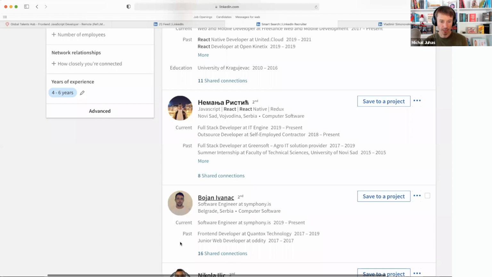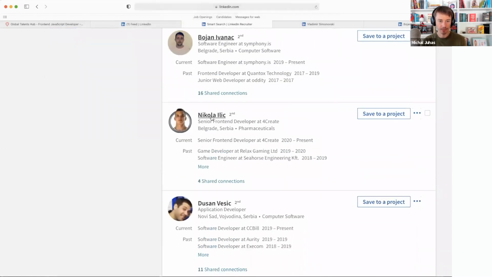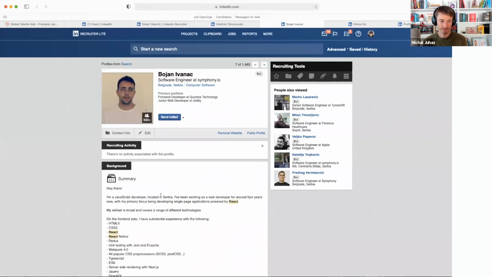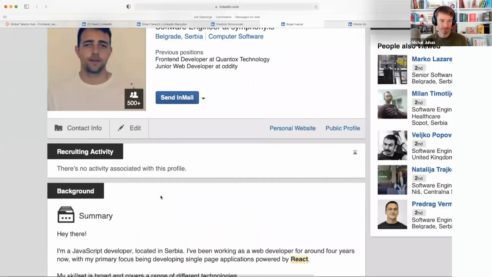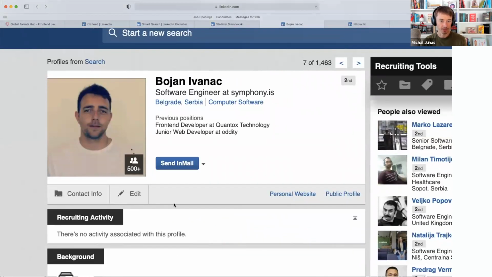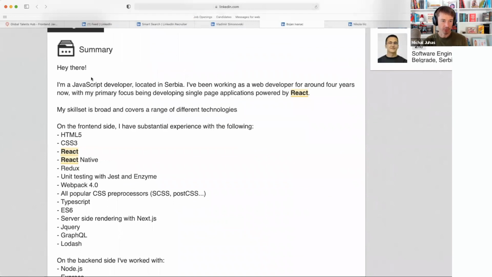What about Bojan? Bojan has a great photo here, standing out. Bojan Ivanac. Hi there, I'm a JavaScript developer located in Serbia. Around 4 years of experience with React.